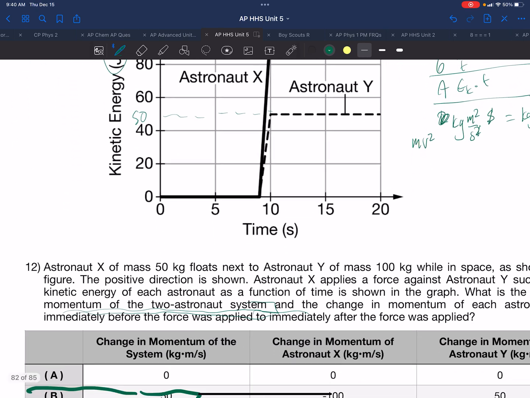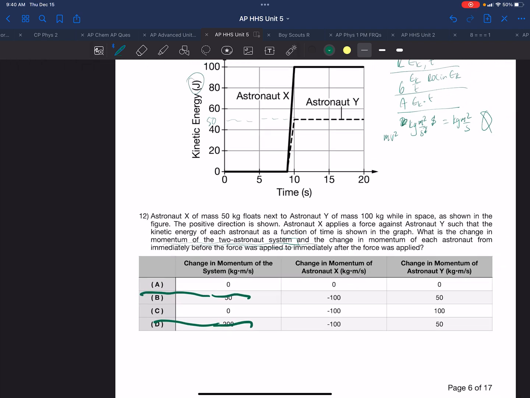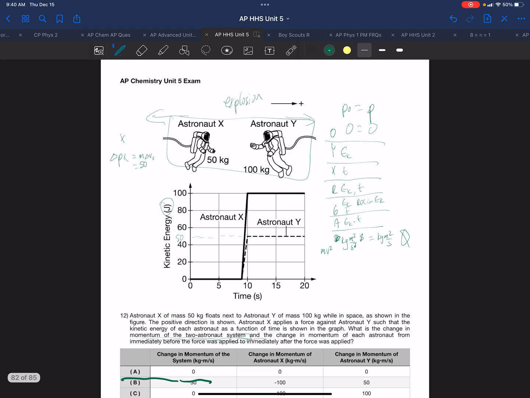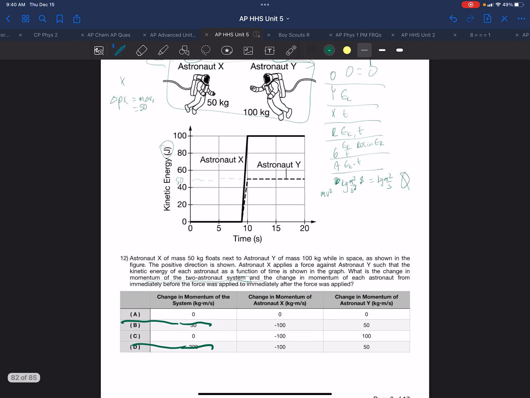However, we are asked to determine what the changes in momentum of the two astronauts are. And what we know is, since the momentum is initially 0, it must stay 0. So if this has a negative momentum of, say, 100, then the other astronaut must have a positive momentum of 100. So what we know is the magnitudes of these momenta must be equal to each other and the directions opposite.